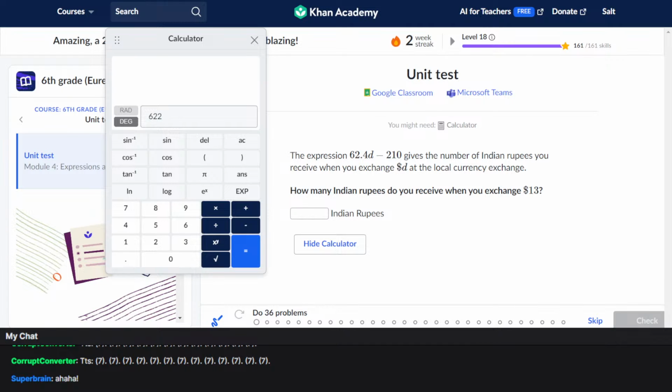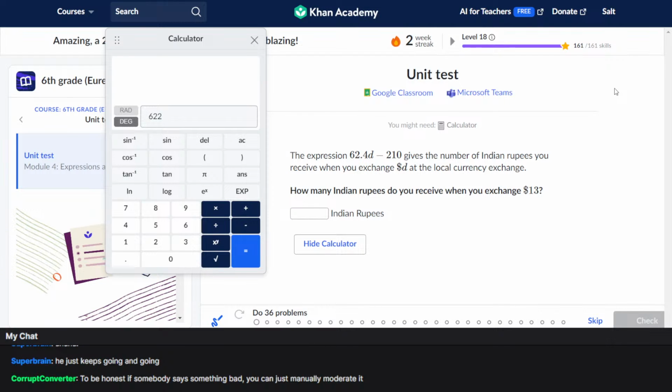Okay, I temporarily turned it off because I don't know why it's not allowing messages at all, even when I click allow. Superbrain says he just keeps going and going. Yeah, that's true. Because I spend more time allowing messages, don't I?